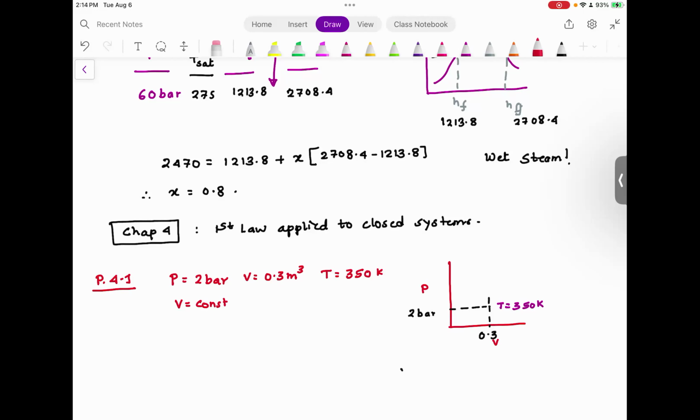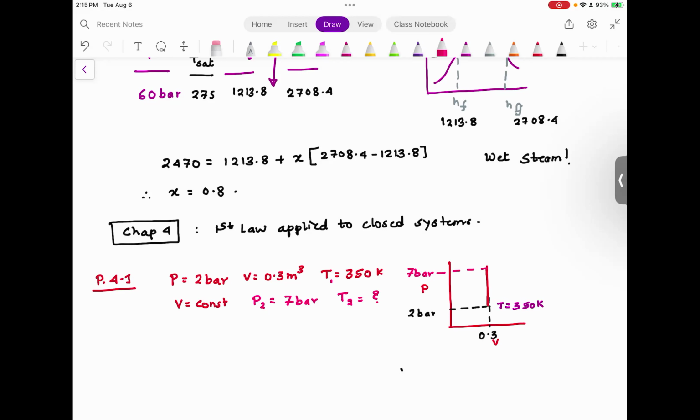There is going to be a constant volume line that goes all the way to 7 bar. So this is a constant volume process. Determine the temperature at the end of the process. So P2 is equal to 7 bar.